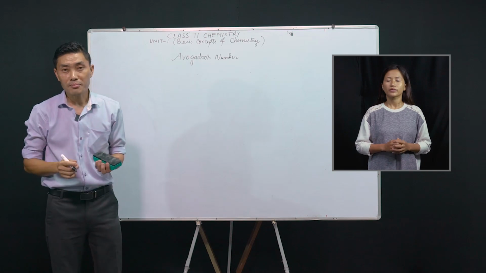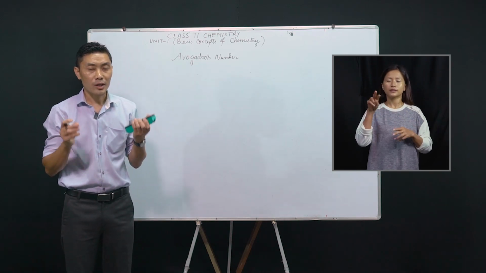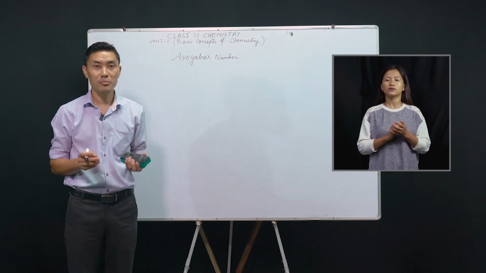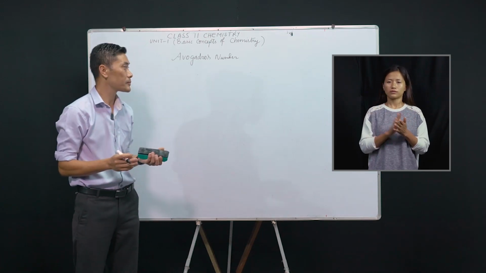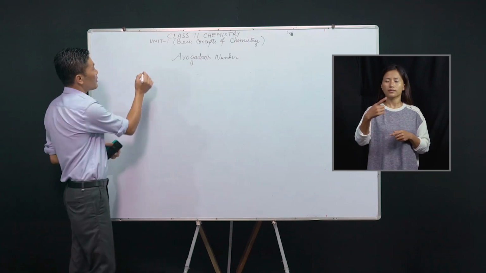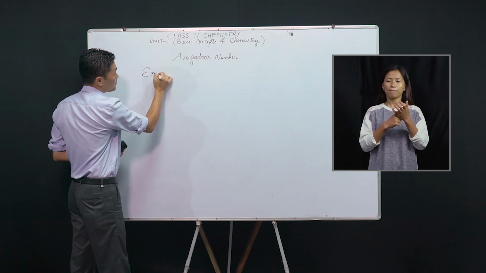So Avogadro's number can be defined as the number of atoms, ions or molecules that are contained in one mole of any substance. Now moving on to the next topic, we have empirical and molecular formulas.